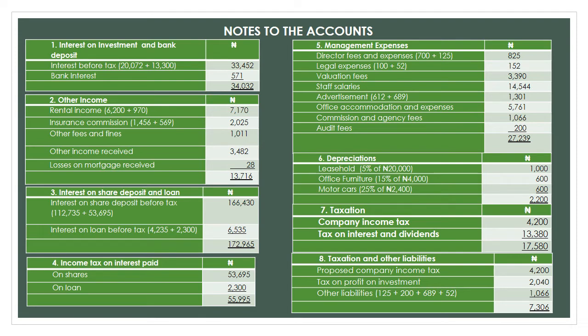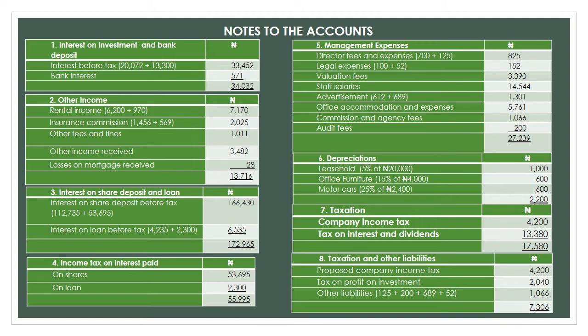So they have written off these losses, but it has actually been received. It's now received this year and it's going to be captured there as 28. So you have the total other income there as 13,716.